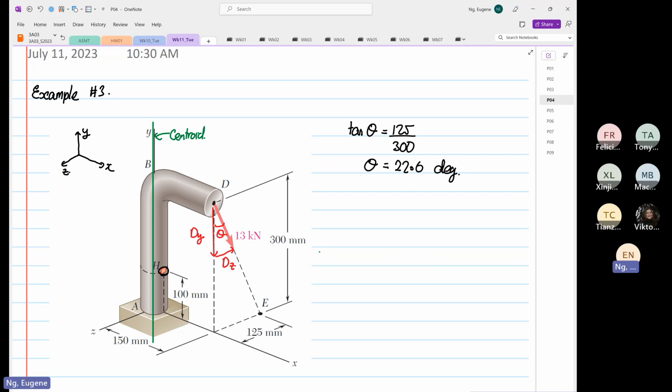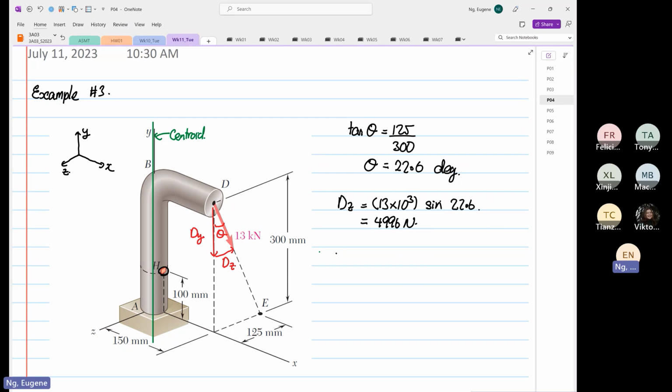From here, we know that dz is equal to 13 times 10 to the power 3 multiplied by sine of 22.6 degrees, which is equal to 4996 Newton.